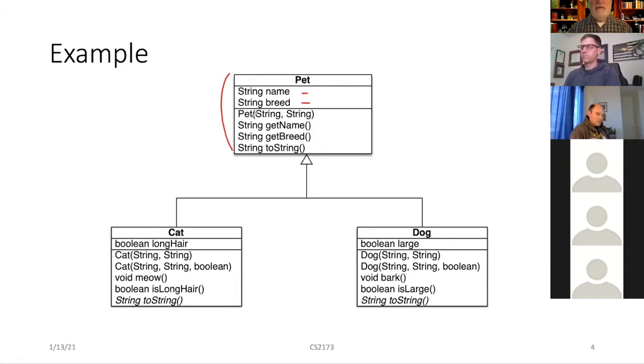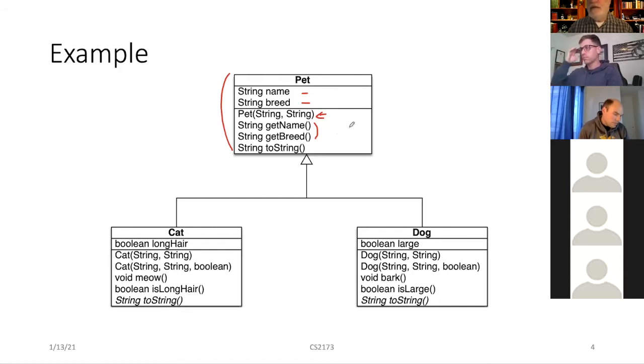The idea is that the pet is going to have a single constructor: if I have a name and a breed, then I want to make sure that it has one. My name and my breed, I have getters, but not setters. That is, once set, we're not going to let ourselves rename the pet, and we certainly can't rename the breed.